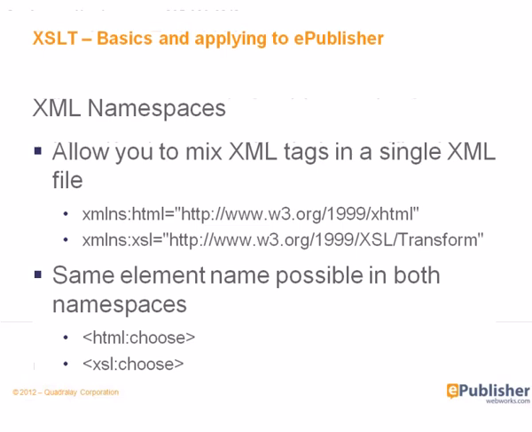If I just wrote the choose element, when you look at it, you won't know what it is referring to. It could fit either one. So an XML namespace lets you explicitly state which version of the choose element you're using at that time.